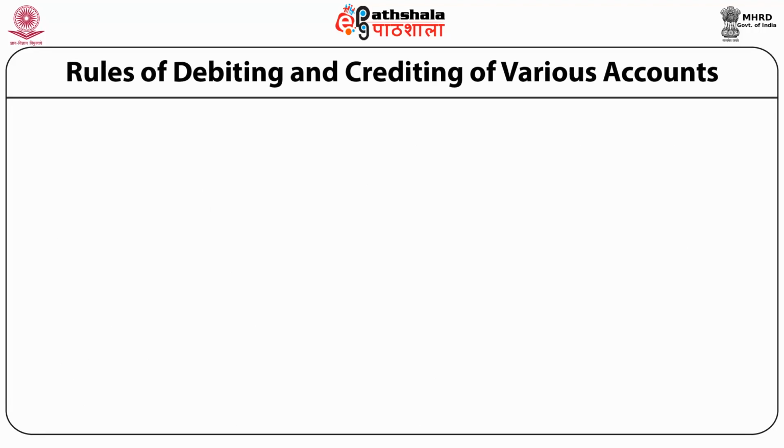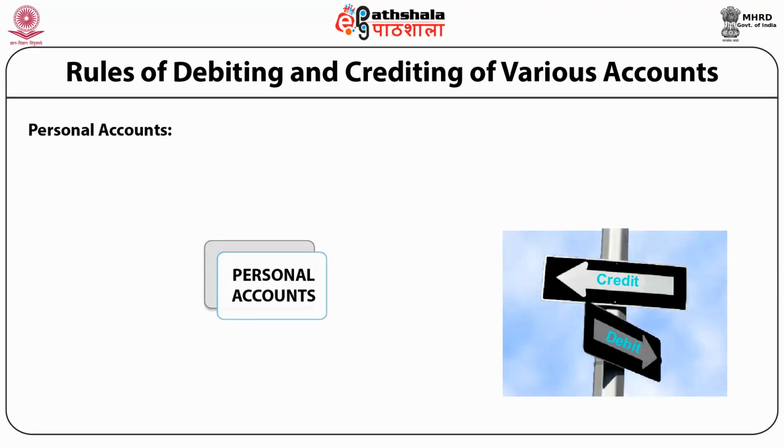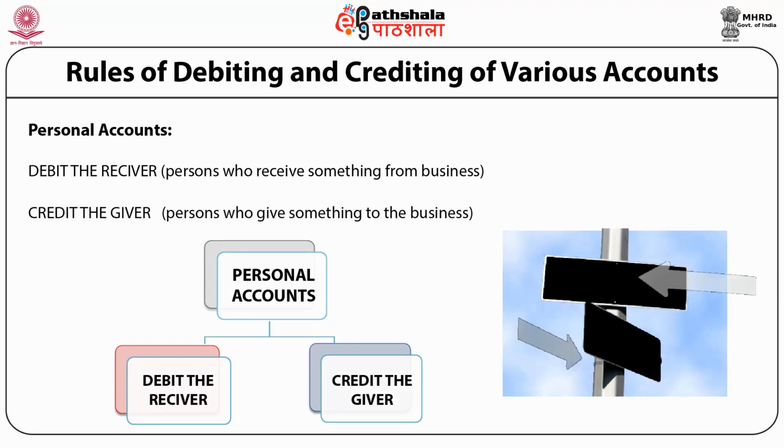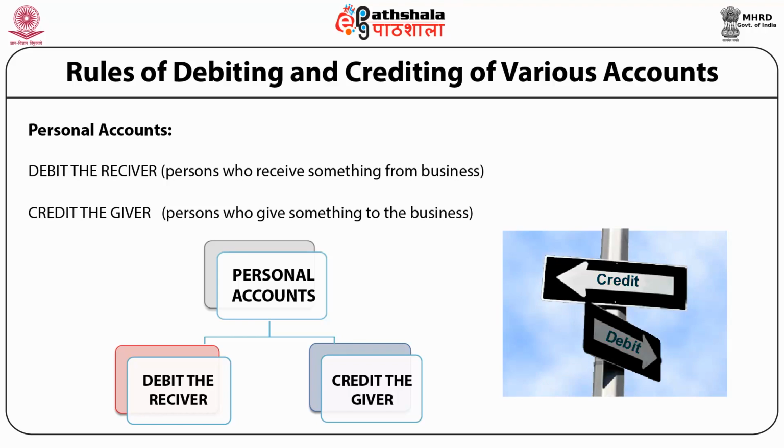Now, having discussed the various categories of accounts on the basis of the nature, let us discuss the rules of debit and credit of these various accounts. For personal account, the golden rule of accounting is debit the receiver and credit the giver. Any person who is receiving the items or something from the business is to be debited, and the person who is giving something to the business, or in the case when business is receiving something from someone, is to be credited.